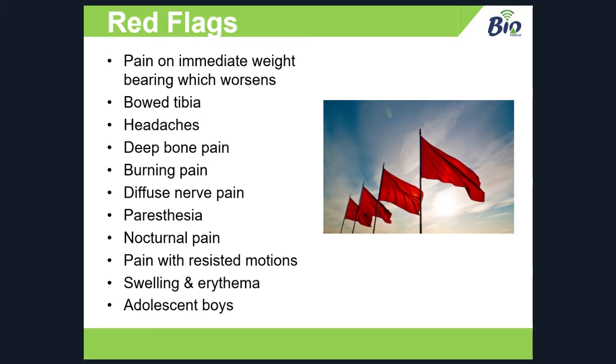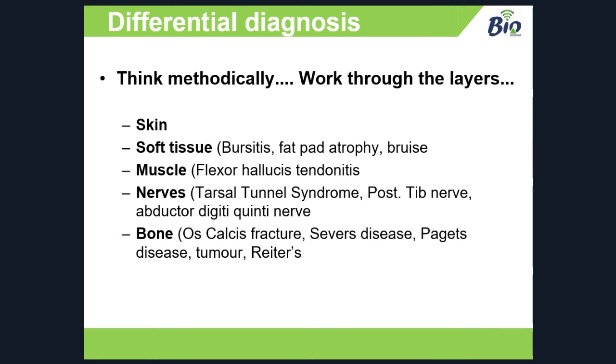Things like pain on immediate weight bearing which becomes worse, a bowed tibia, headaches, deep bone pain, burning pain, diffuse nerve pain, numbness, nocturnal pain, pain with resisted motions, swelling, redness, and adolescent boys. If any of these stick out and something doesn't quite seem right, we need to be thinking, not necessarily worst case scenarios, but maybe onward referral or looking at something else, which brings me on to my differential diagnosis.